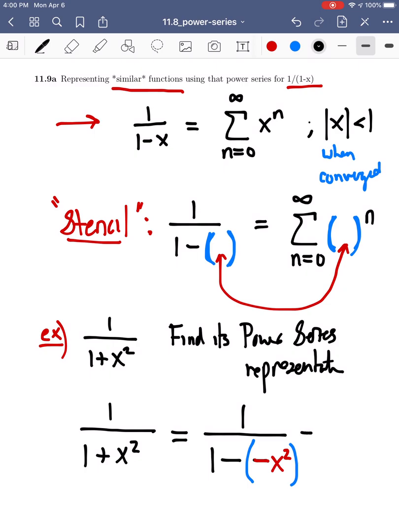And when we write that as a power series now, we take everything inside those blue parentheses and just raise it to the power of n, like our original power series. So inside these blue parentheses, we just stick our minus x squared.